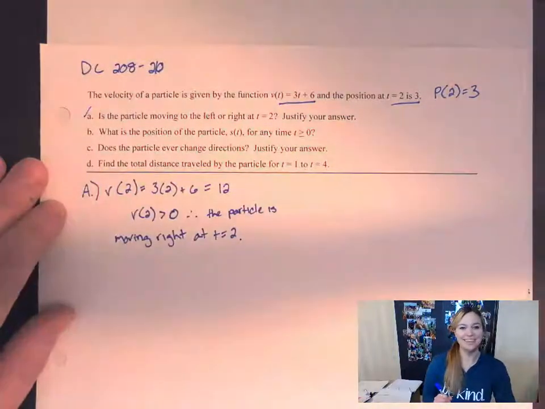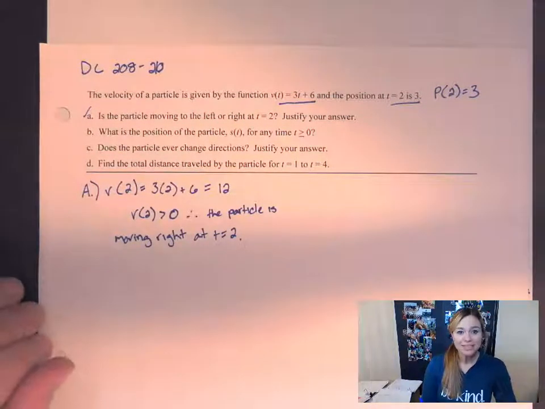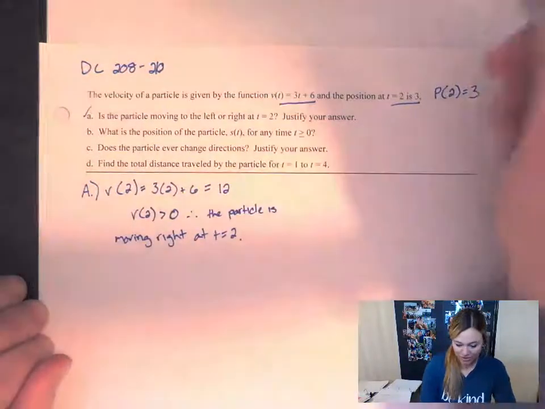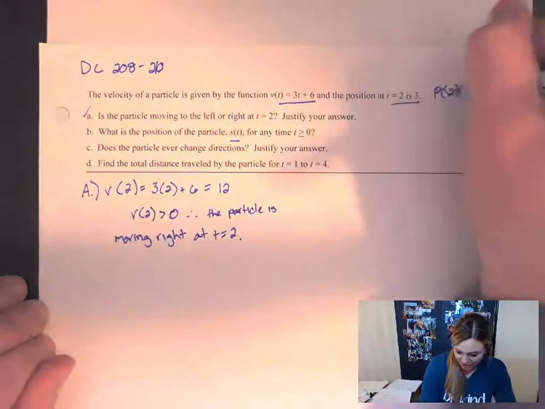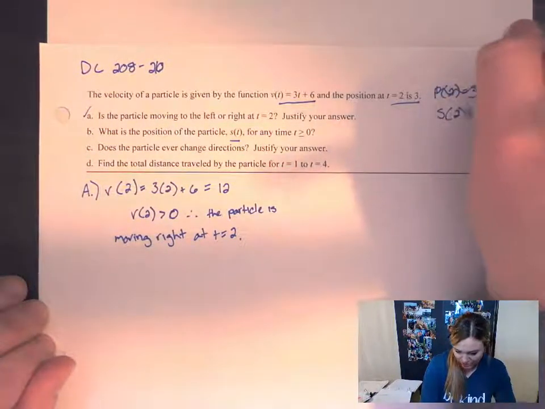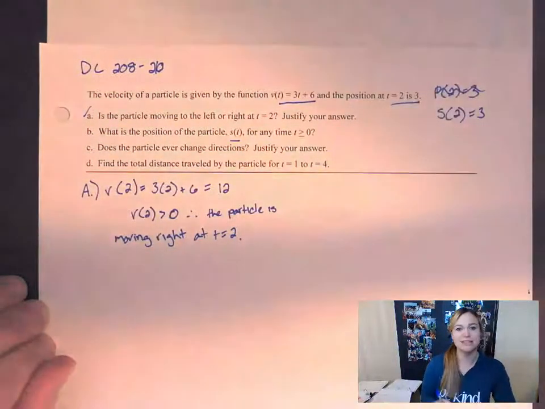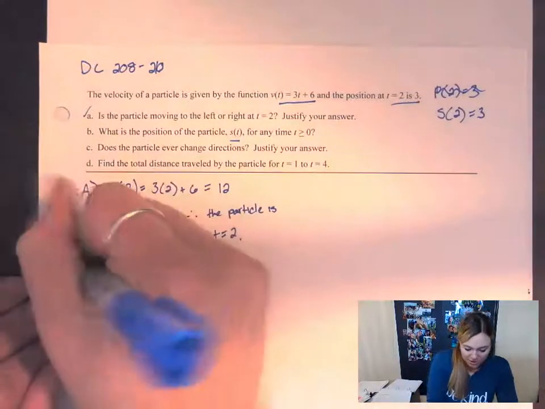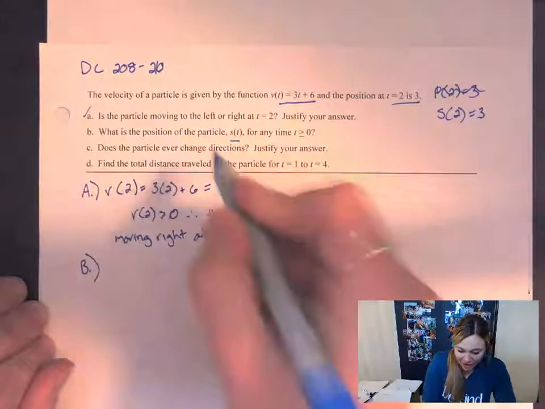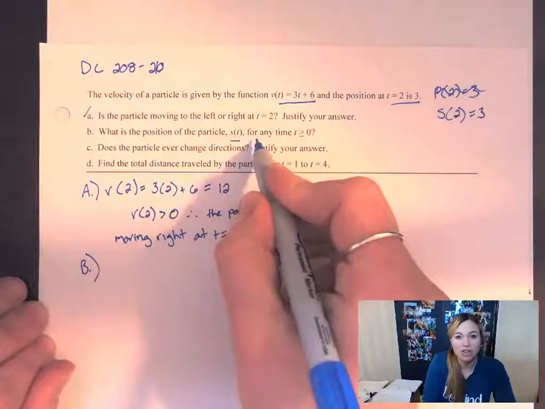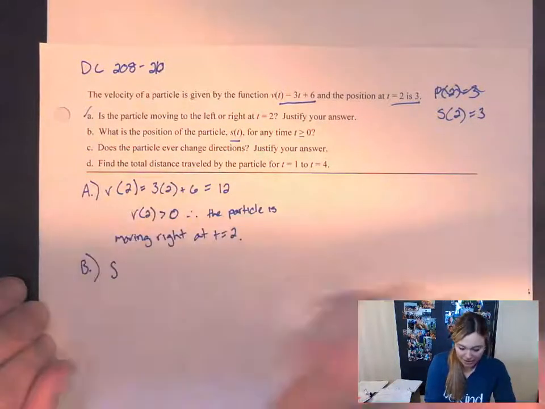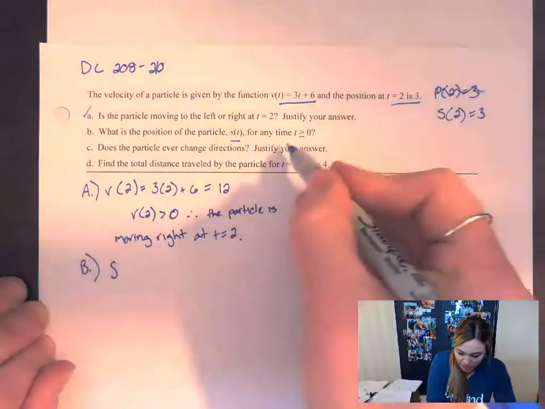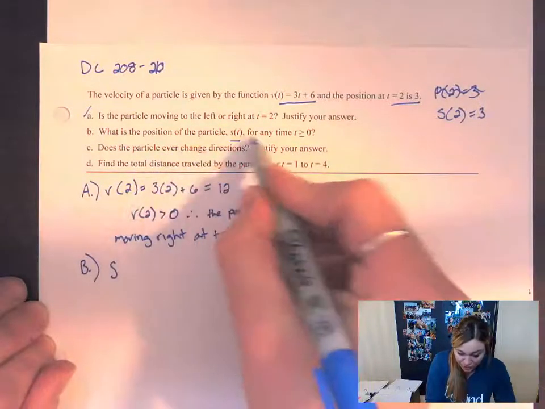Done with A. Part B, what is the position of the particle s of t for any time t greater than or equal to 0? So I should have said in here, since this apparently says s of t, there we go, s of 2 is equal to 3. They're saying the position function is s. So for part B, if I want position, but all I'm given is velocity, then I must integrate. So I'm going to say the integral from, this says what is the position for any time.